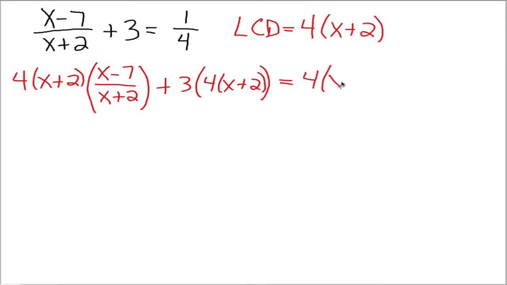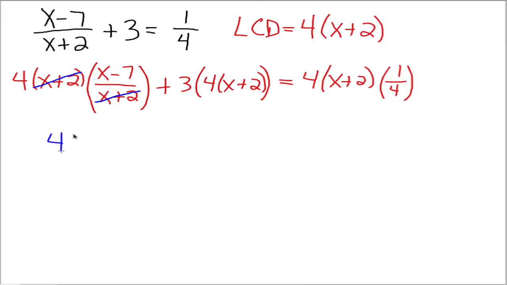Then 4 times x plus 2 multiplied by 1/4. The x plus 2's go away, which was the whole point of doing this. And you're left behind with 4 times x minus 7.